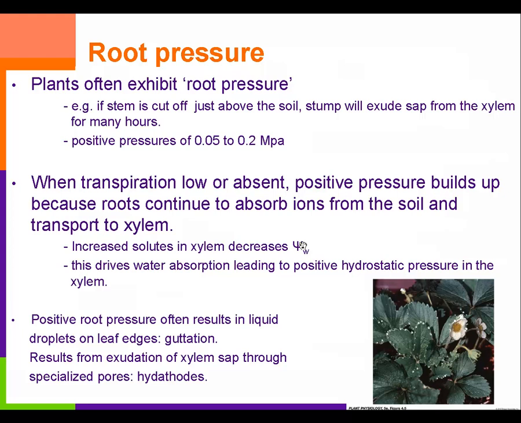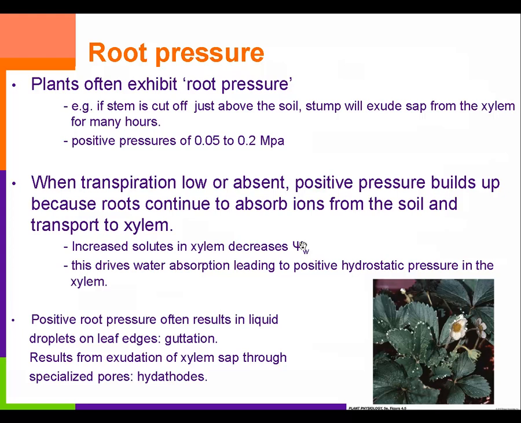That reduces the water potential of the root zone below that of the soil water, and that's why water will move into the root zone. If transpiration is low, so no water is being lost from the canopy and all this water is entering the root zone, it actually builds up a lot of positive hydrostatic pressure. We're stuffing in a lot of water into a small space.